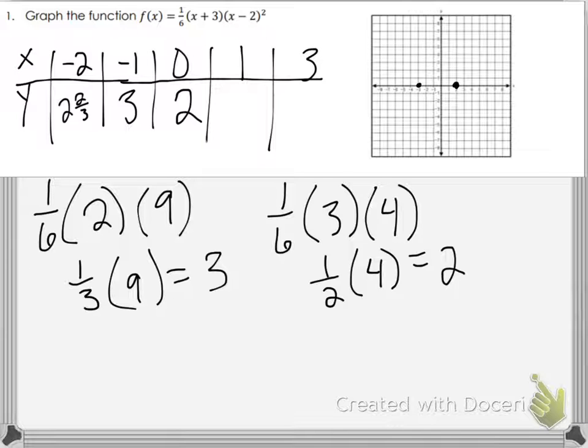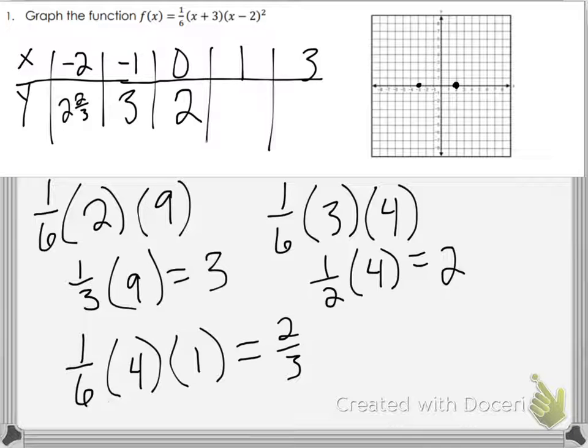Everyone still with me? I'm not moving too fast for anybody. Okay. Plugging in 1. What's 1 plus 3? 4. What's 1 minus 2? -1. -1 squared. 1. 1/6 times 4. 2/3. 2/3 times 1. 2/3.